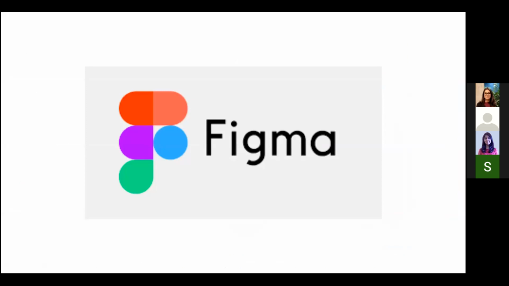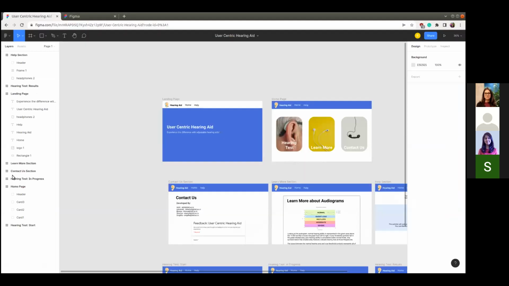Okay, so let's move to Figma, and I'll be showing you a stage in between the low fidelity prototype and the actual website implementation. This is for one of the previous projects, and Figma was used to come up with the idea for it.